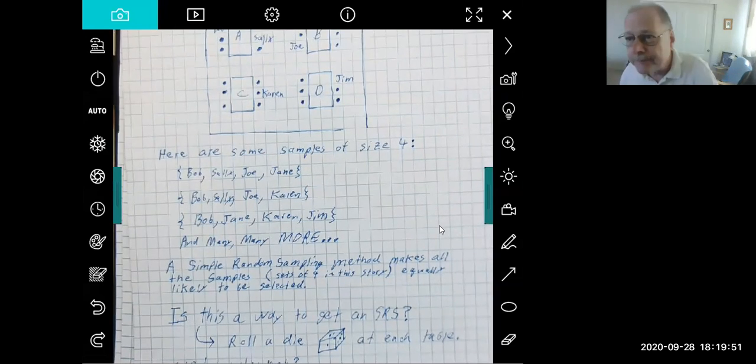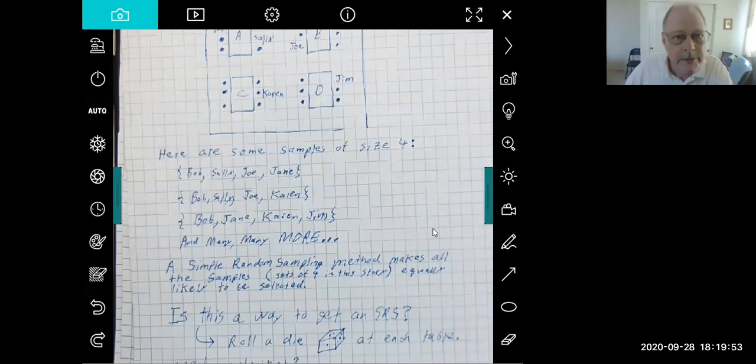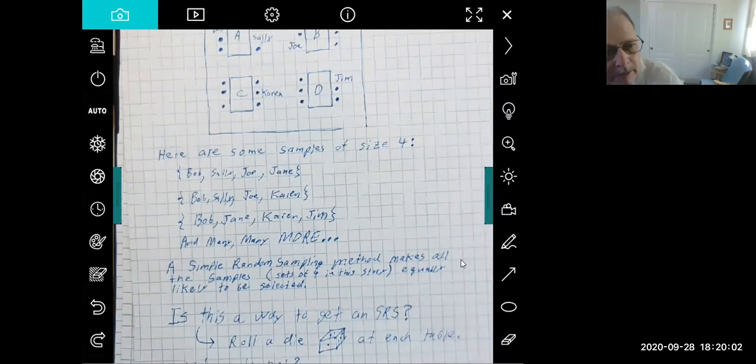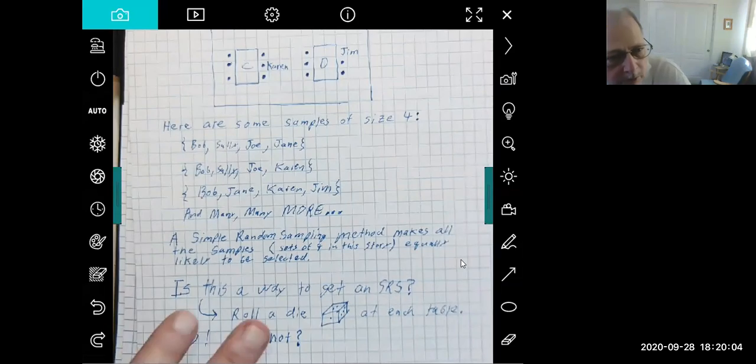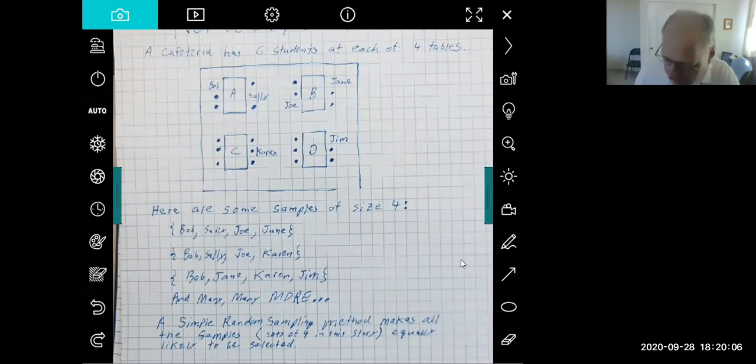Well, a rhetorical question. I'm just recording, but no. Why is it that not all samples are equally likely? Well, look at this first one here. It's a perfectly legitimate set of 4 people from the class, but you'll never get that one.